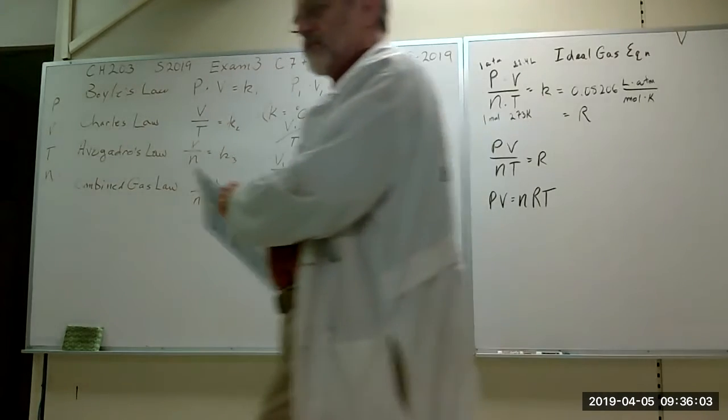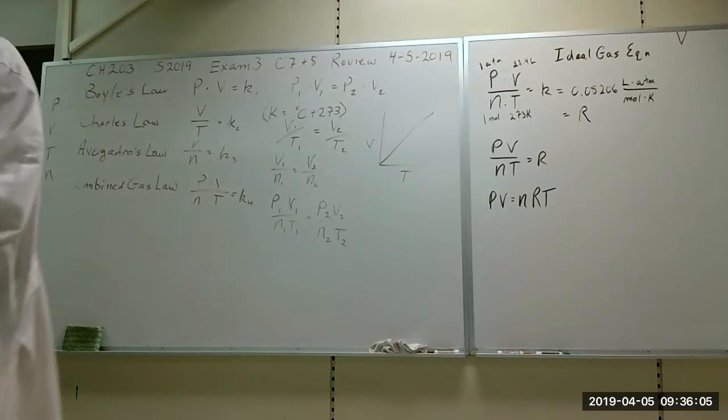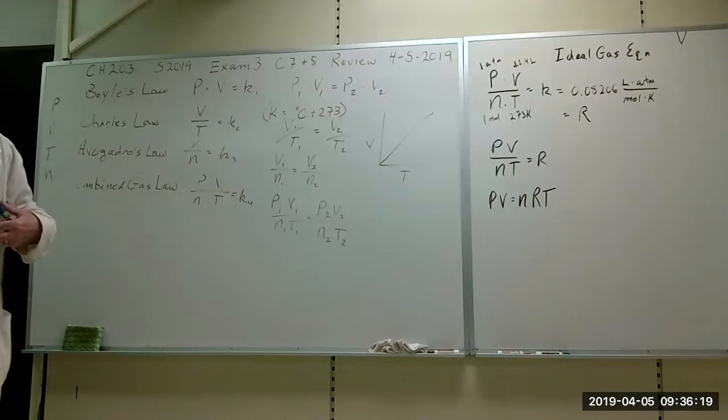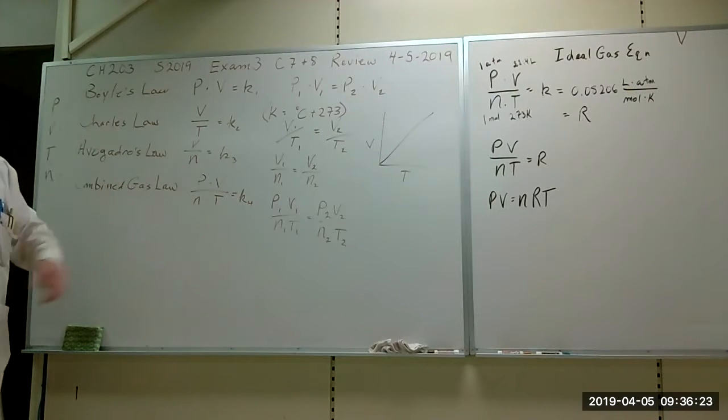And then we went to, actually, I think we got them switched around. I just took these PowerPoints from the authors, and they put the kinetic molecular theory first. I think it's better to do the laws first because that's the way it happened, historically speaking. We got all the laws first, and then we try to explain them. And the kinetic molecular theory is the best explanation so far.